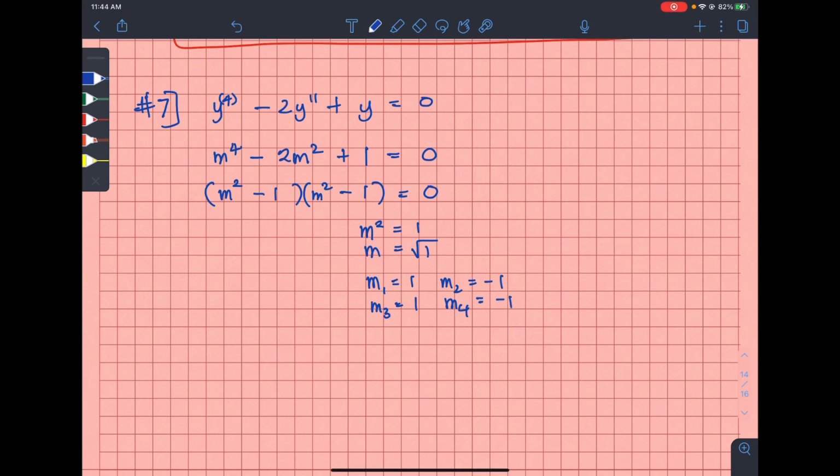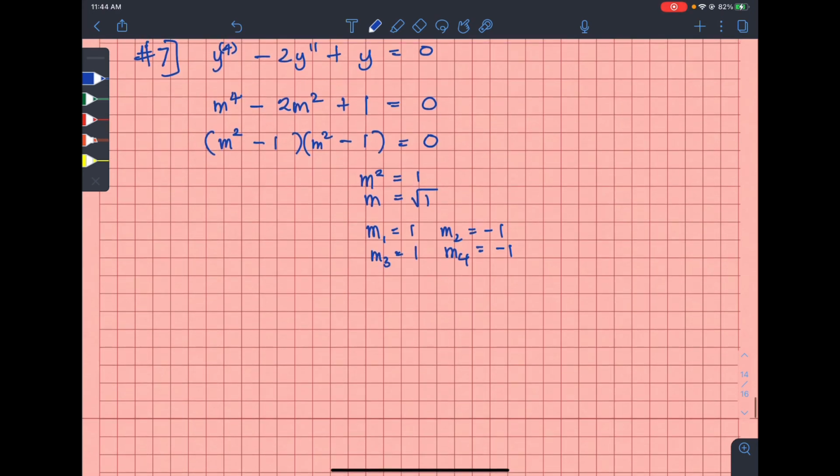So those are the four roots. So 1, negative 1, 1, and negative 1. Pero yung dalawa, repeated, then yung dalawa, repeated as well. So it's a combination of repeated roots. So our y then will become c1 x e raised to x tapos plus c2 e raised to x. So yun yung for m1 and m3.